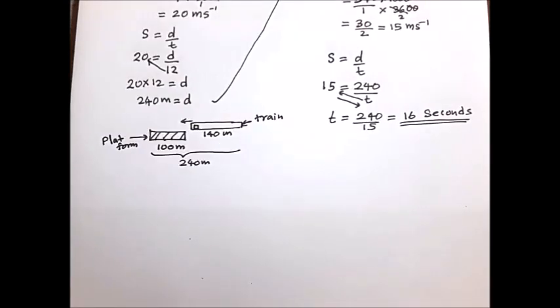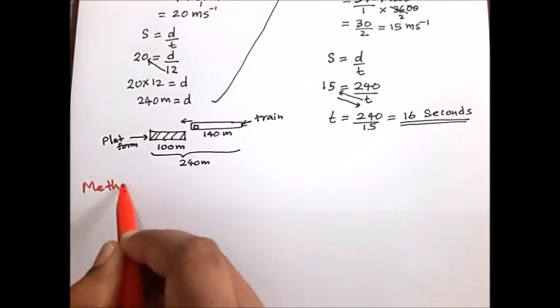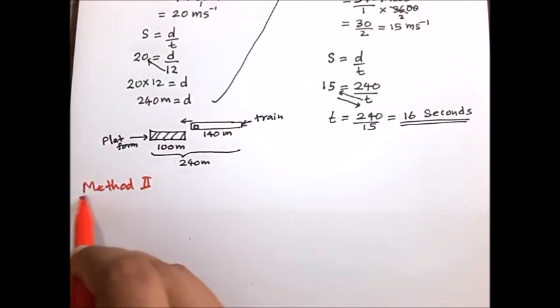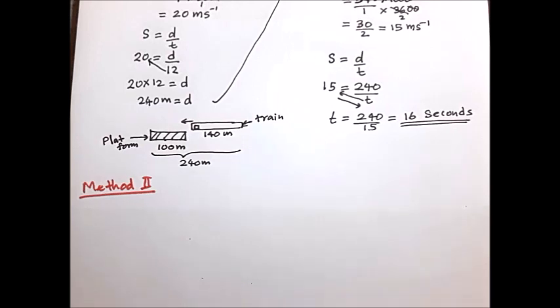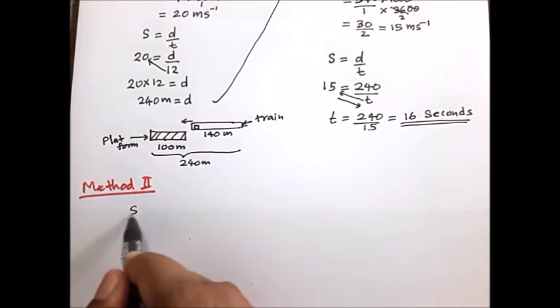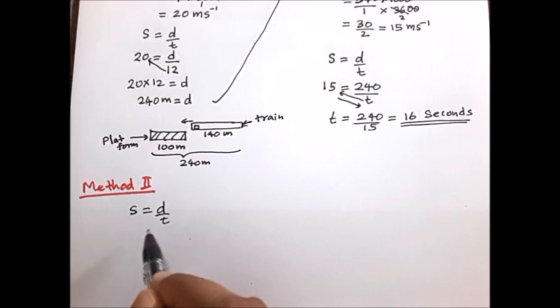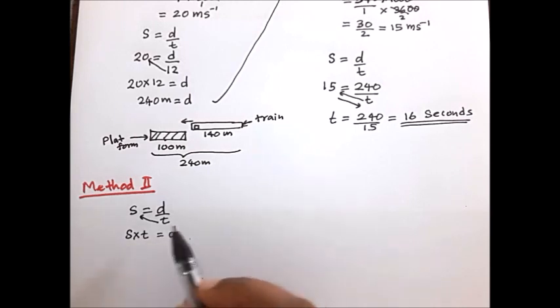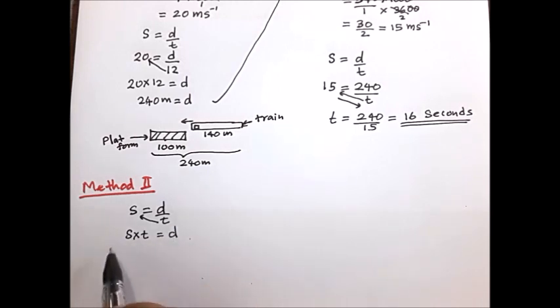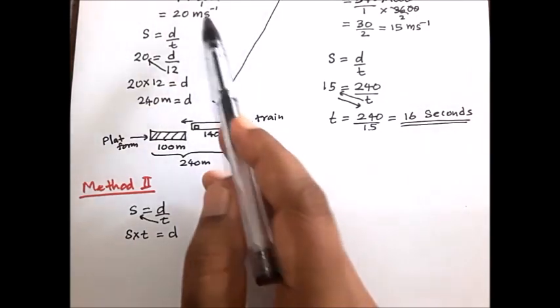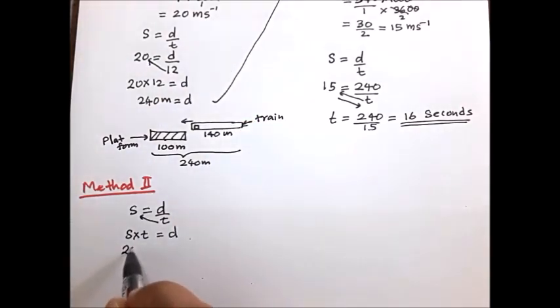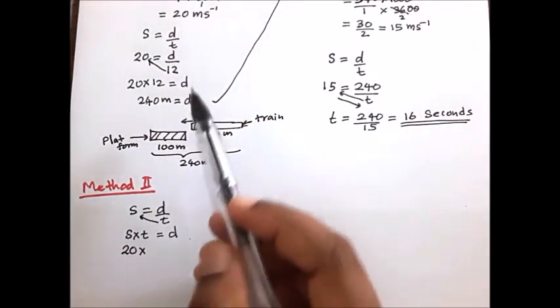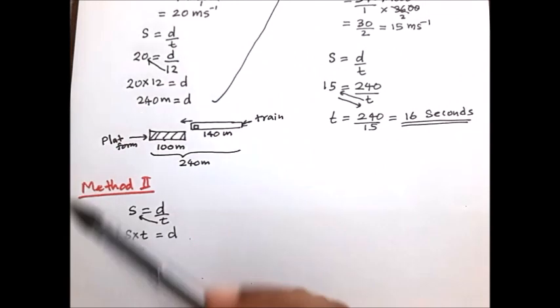I am going to explain another method to solve this question. Method 2. Speed equals distance divided by time. Then cross multiply here. Speed multiplied by time equals distance. The first time, speed is 20 meters per second, time taken is 12 seconds.